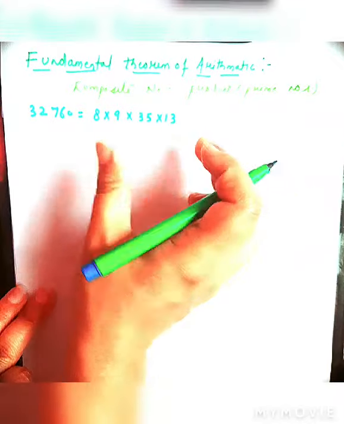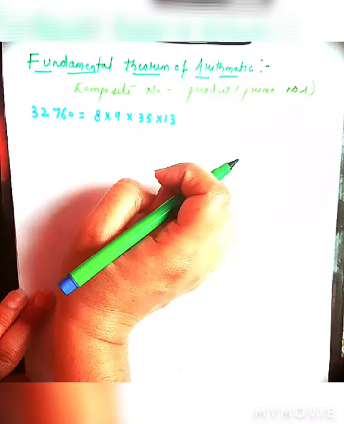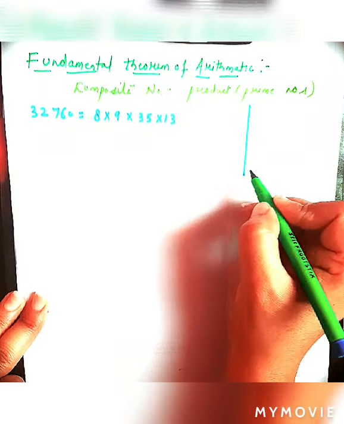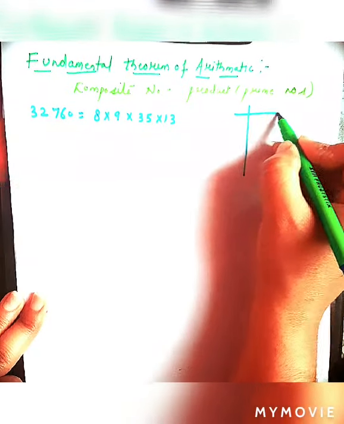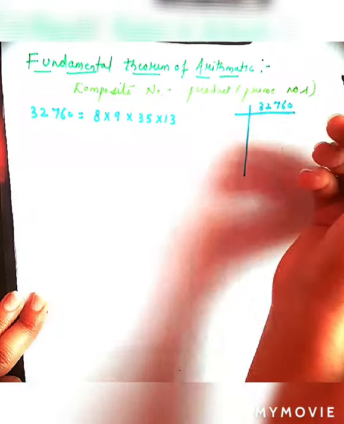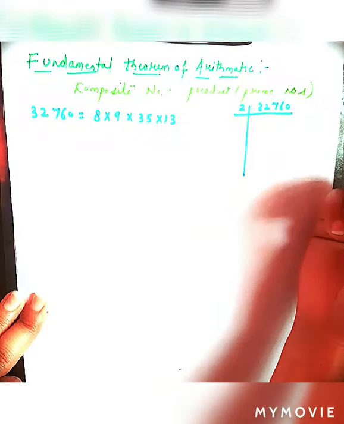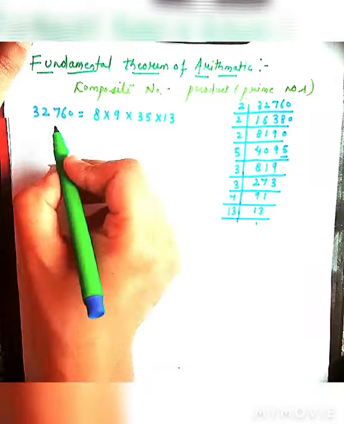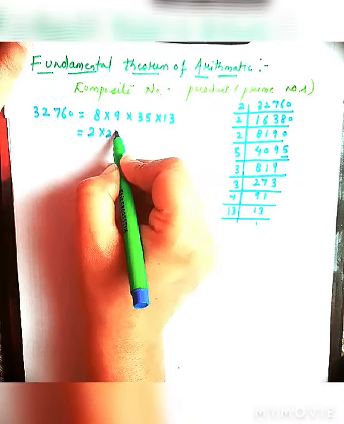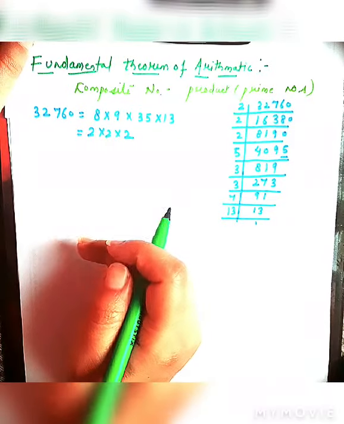In order to find these factors for any number, it would be better to make this column, write 32760. Now it will be divided by 2, as 0 is divisible. 2 into 2 into 2, for that I wrote 8.